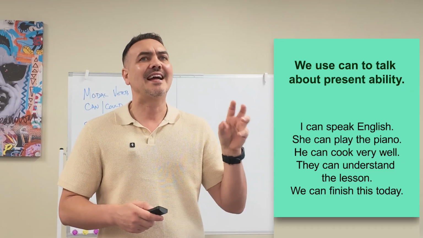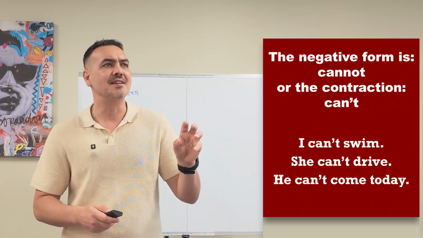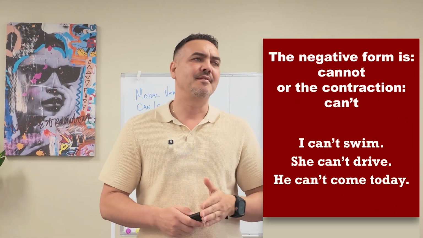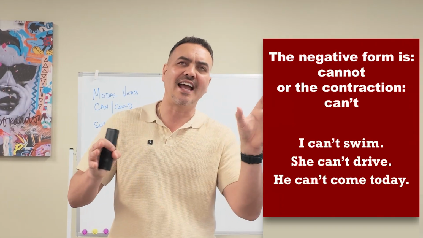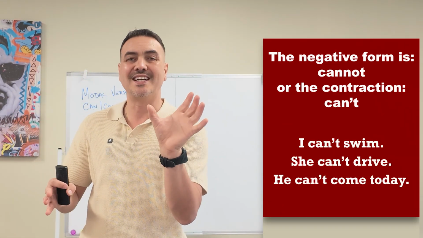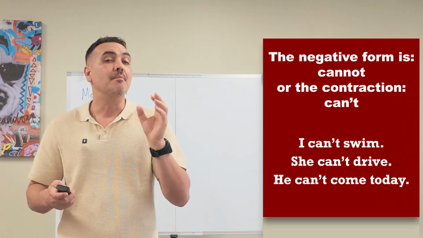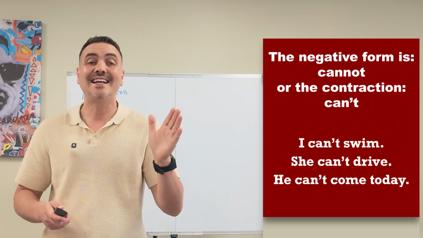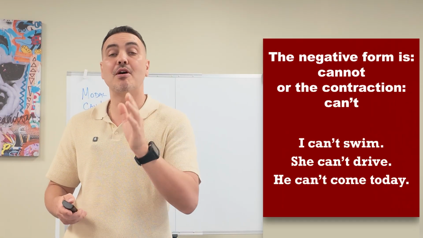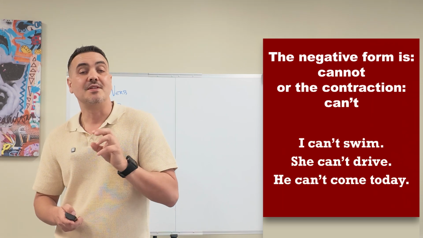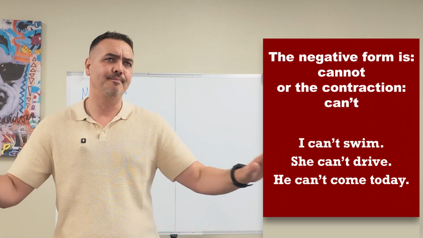And if we want to make negative sentences, the negative form is cannot, okay? Think of two words together, can and not. We put those together and we make the word cannot. But most often, we use the contracted form of cannot, which is can't, C-A-N apostrophe T. So for example, you would say, I can't swim.